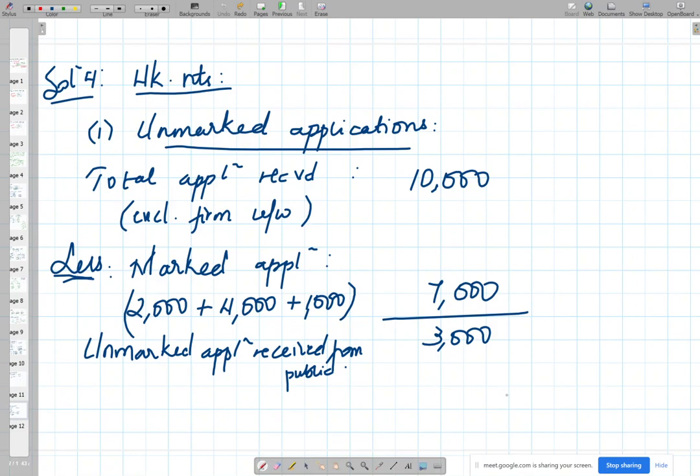I will just write this as continued. We'll take it to the next page so that we have a little more space. Once you have those unmarked applications from public, this is not a separate step, it's just a continuation of the same.